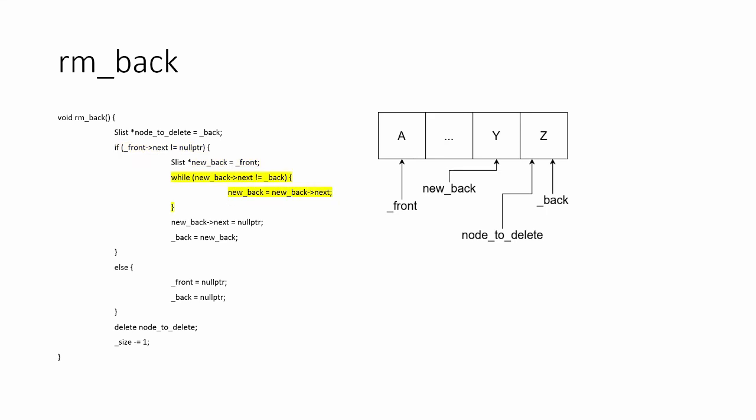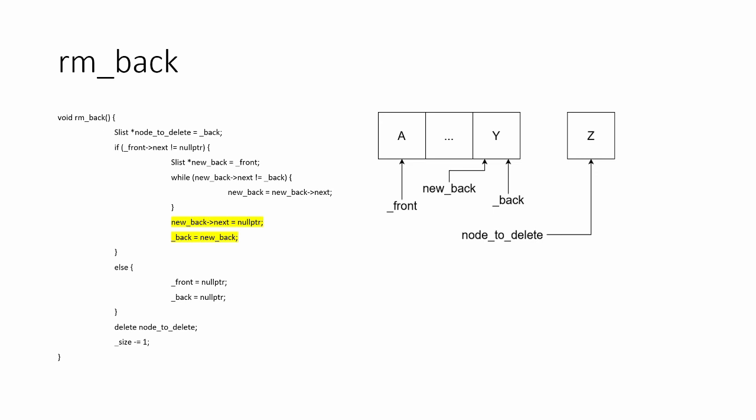So I have this while loop where I keep iterating until the next value is going to be our back. If I say while new back next is not equal to back, this means that I'm going to go until the second to last element, one before back. And once I found it, new back next is going to be set to null, because in this case Y is going to be our new back.